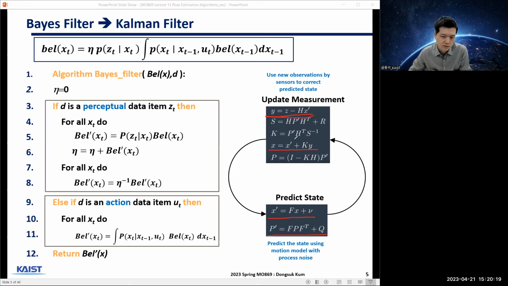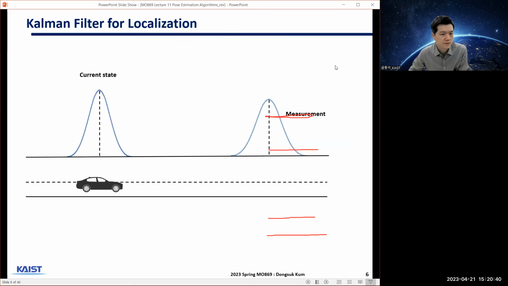So this measurement update part corrects the distribution using the measurement information. So this is how you can see these two analogy between Bayes filter and Kalman filter.